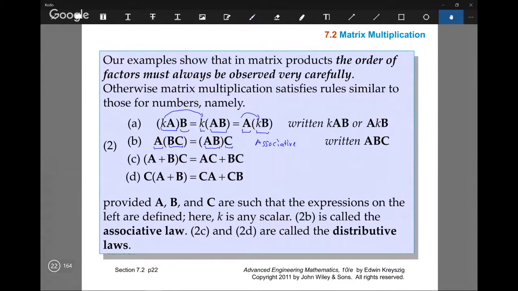Now, this actually requires proof. It's not obvious at all, right? We saw that matrix multiplication is not commutative, so AB is not equal to BA. Also, it's possible for AB to equal the zero matrix, but A is not equal to zero, B is not equal to zero. So clearly matrices aren't behaving like numbers. But this particular property is indeed true. In this case, matrices do behave like numbers.